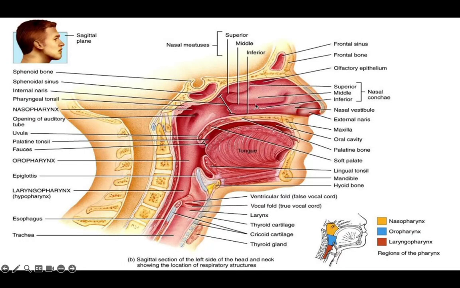If we remember that from the axial skeleton when we went over the skull. Now underneath those structures, it creates these little pockets, these little folds called nasal meatus or meatuses. You have the superior, middle, and inferior, going along with those structures as well.